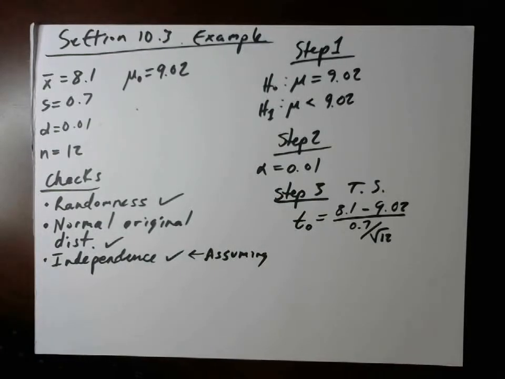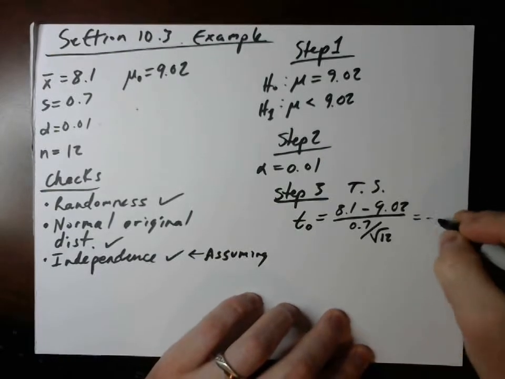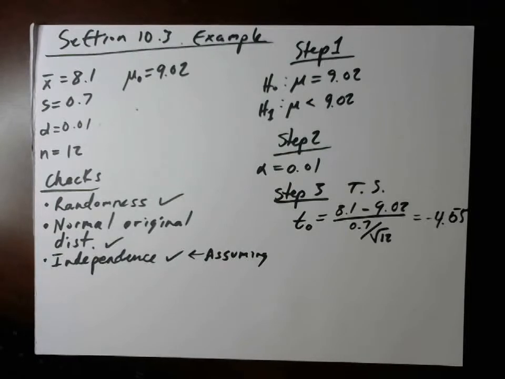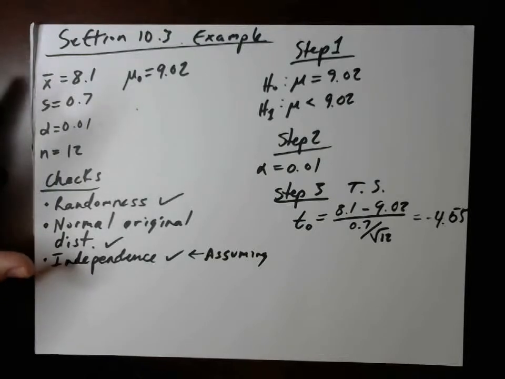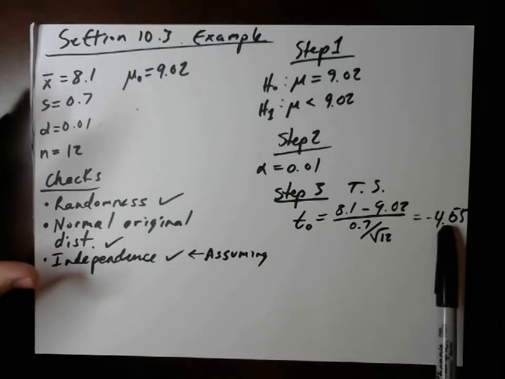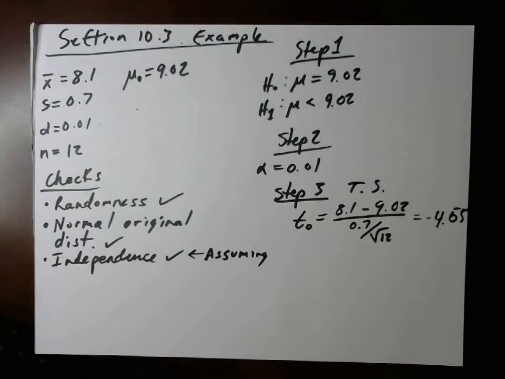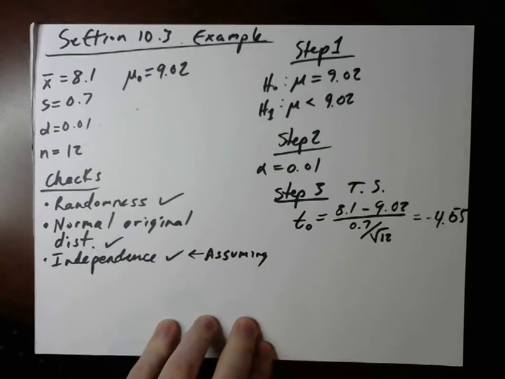So it is 4.55, approximately 4.55 standard deviations, or standard errors, sorry, below the claimed value. Our sample data is. So the sample obviously is pretty significantly far away from our claimed value. So it's pretty obvious that we're going to be rejecting H naught.